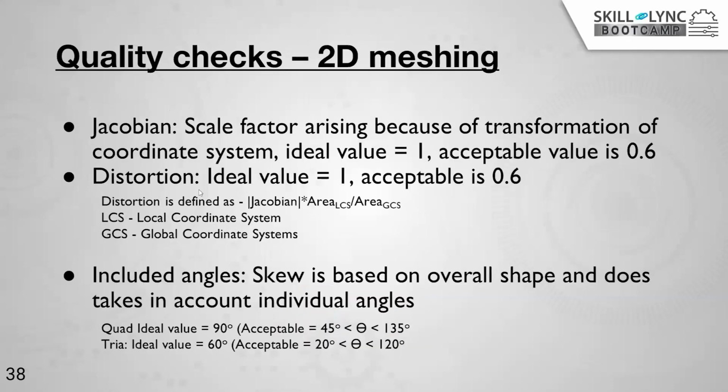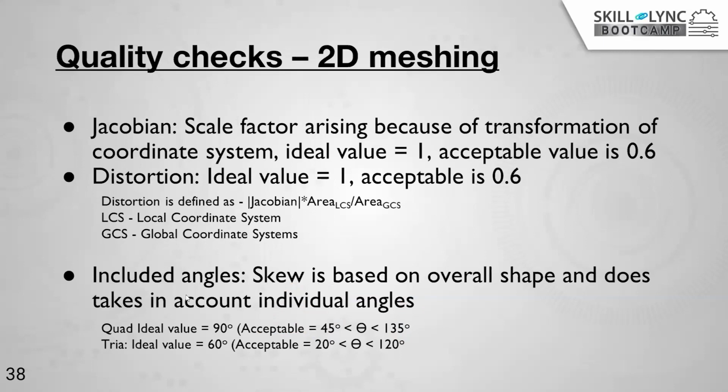Yeah. So Jacobian, which I told you, that factor which is used in transformation, ideal value is 1. That means you have meshed an ideal perfect square, which is not possible. That's why they have given a limit of 0.6. Okay. So that thing should not be less than 0.6. Okay. Yeah. So skew, included angles.